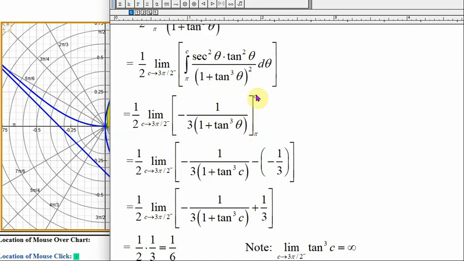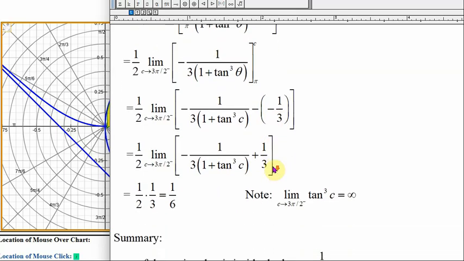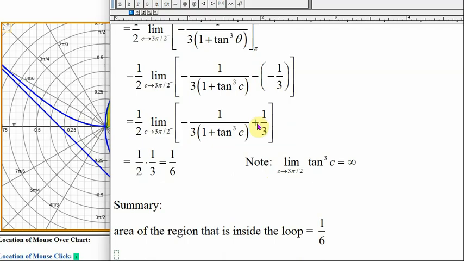So when theta is c, then we get negative 1 over 3 times 1 plus tangent to the third of c. When theta is pi, tangent of pi is 0, so we just get negative 1/3. This becomes plus 1/3.